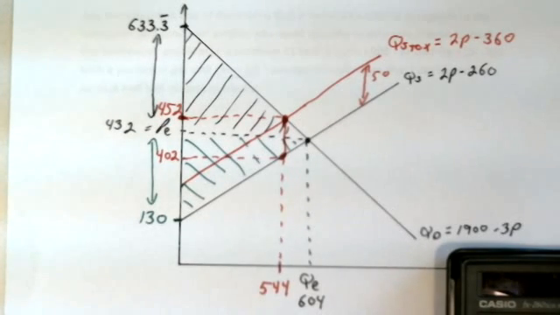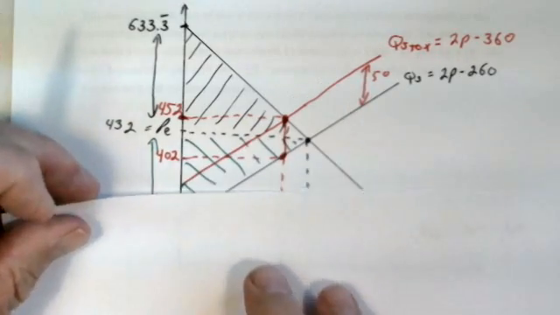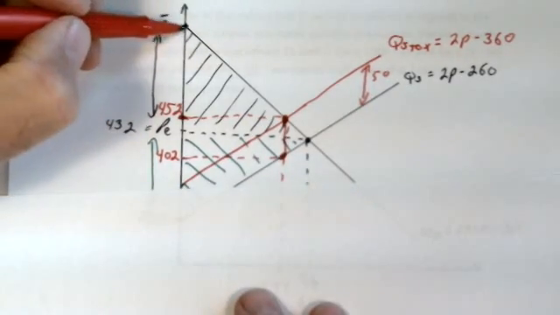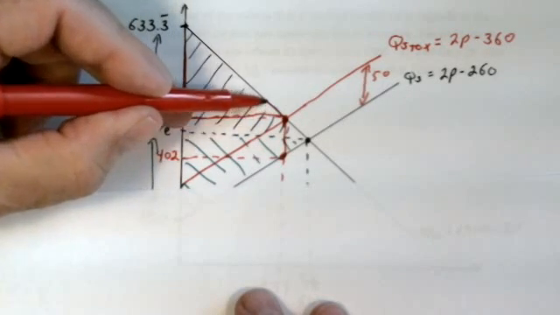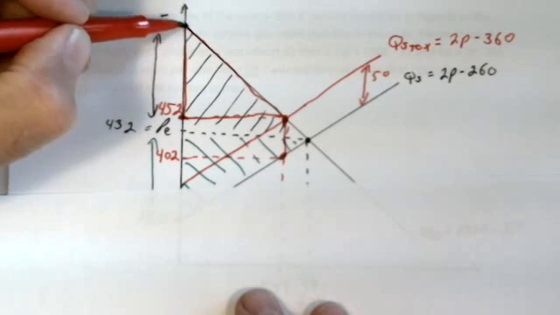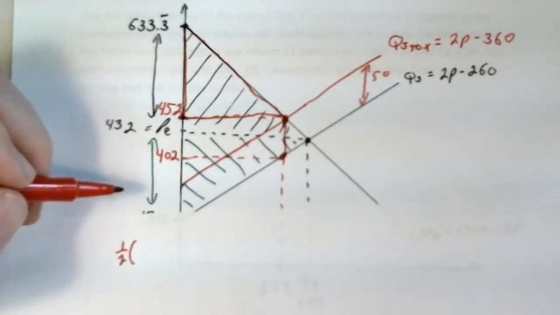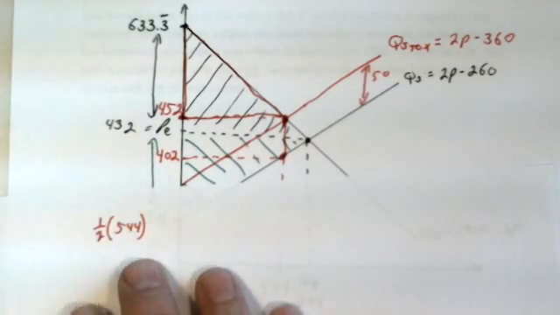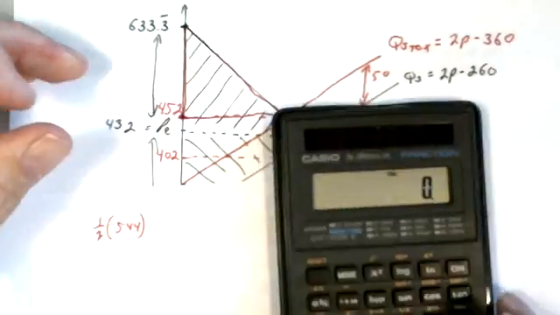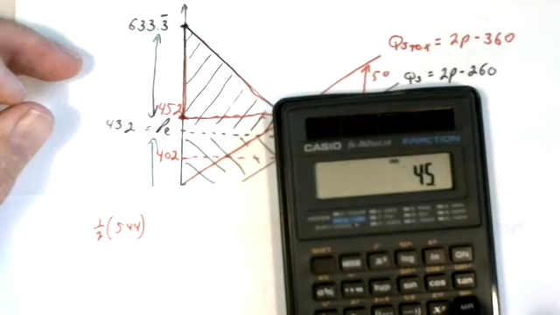Alright, so now we have to figure out consumer and producer surplus again. So consumer surplus is now this slightly shortened box. I'm going to take my red marker and just kind of mark the triangle now. It's just a little bit less, right? Consumer surplus has been reduced because the price to consumers is higher. So it will be 1/2 the base, which is now 544, times the height, which is 633 1/3, minus 452.